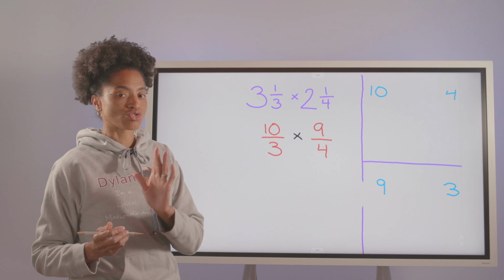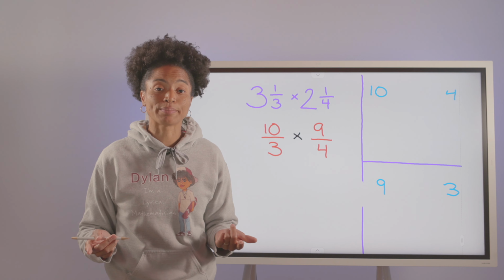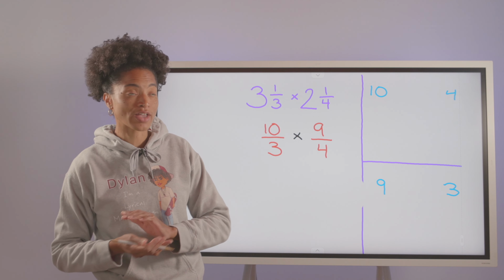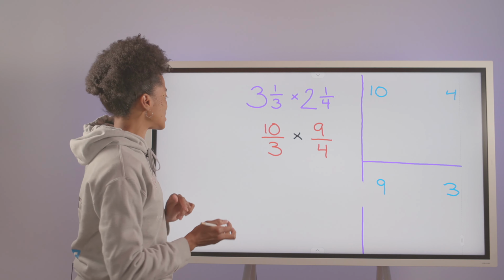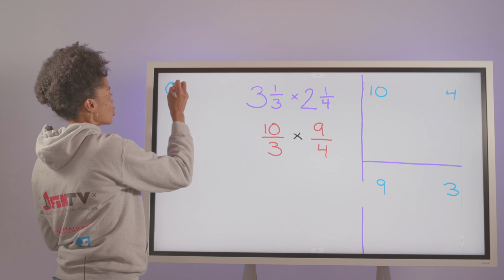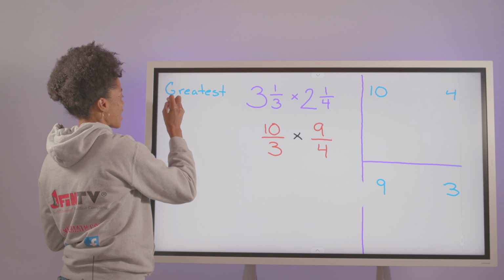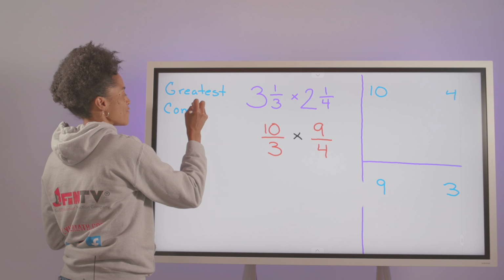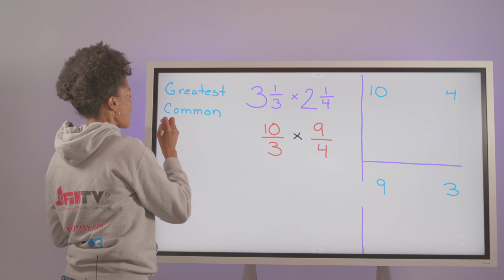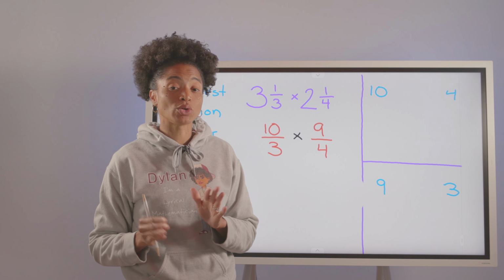The lyric says cross-divide diagonal numbers by their GCF. What is a GCF? GCF stands for greatest common factor. A factor would be the numbers that multiply together to give you a particular number.